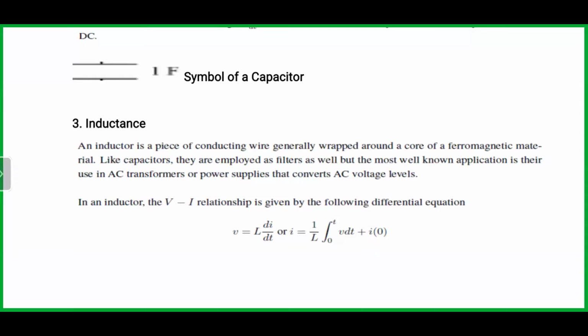So what happens is that whilst the capacitor is storing electric charges, the inductor is turning the energy it is also receiving into field. So whilst the capacitor is charging, the field is collapsing.